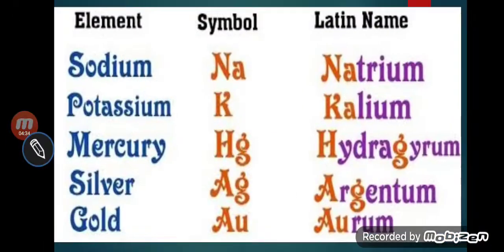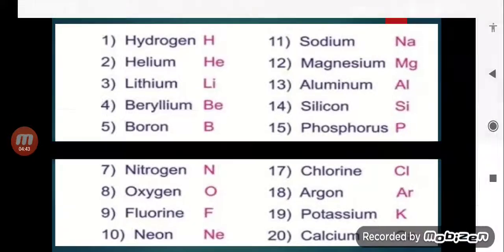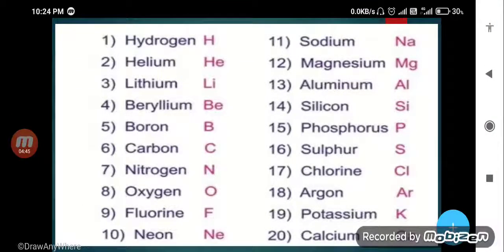Here I am going to give you some examples. Just see, the first element is hydrogen. What is the symbol of hydrogen? H. Helium, He. You can see hydrogen and helium both start with the same alphabet. So, what makes them different? The difference is E and H. Simple H, the first letter capital H, stands for hydrogen and He stands for helium, and the second letter whenever you write it must be a small letter.